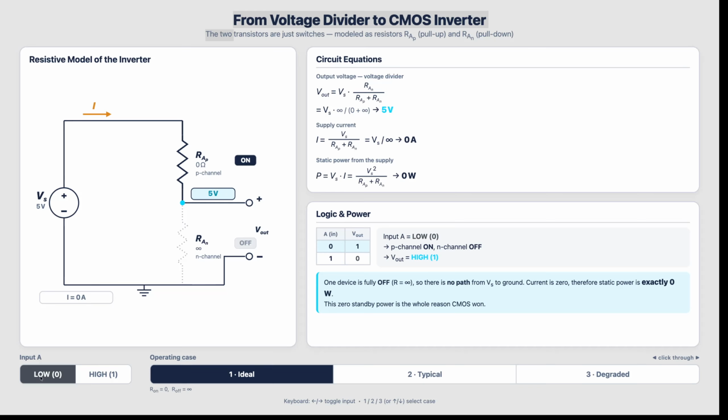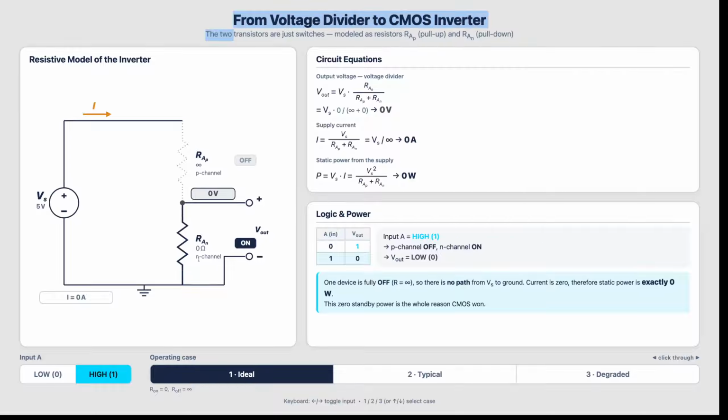Notice with the input being low, we get an output that's high. And conversely, if we take the high input, switch A to be high, that flips the values of the resistances that we're modeling for the switches. So RAP would now be infinite, essentially an open circuit, and RAN would be 0, which would be the short circuit.